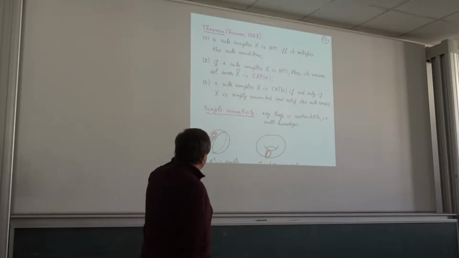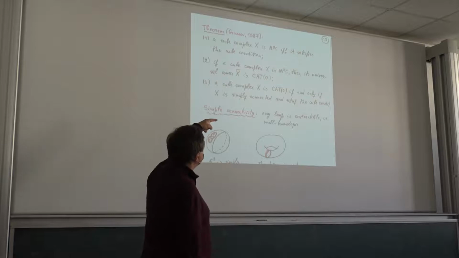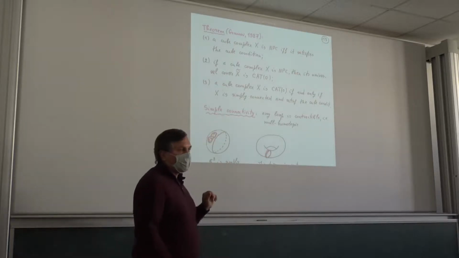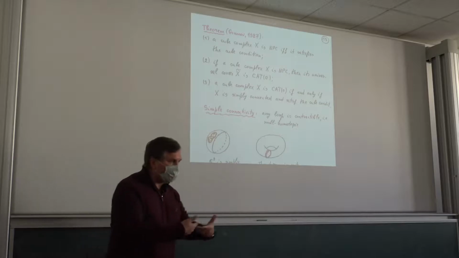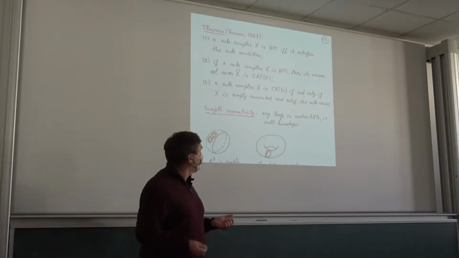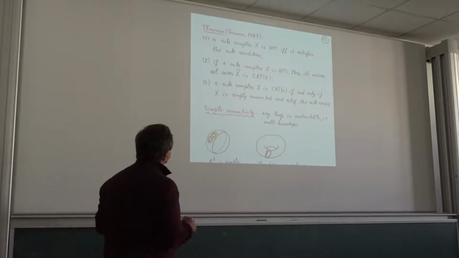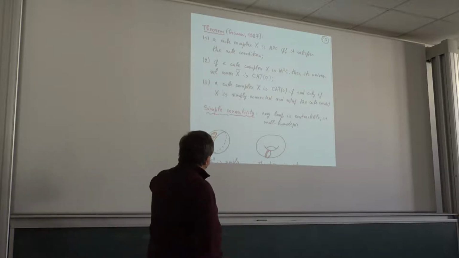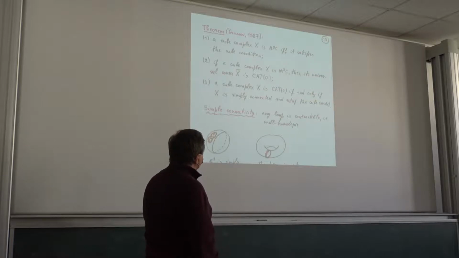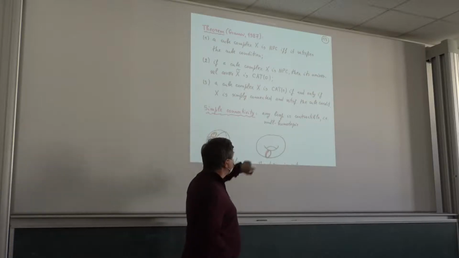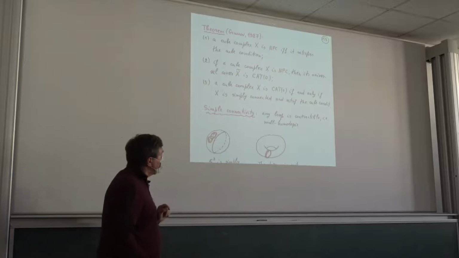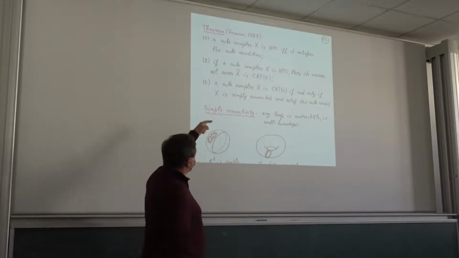And if a cube complex is non-positively curved, then the universal cover of this cube complex is CAT(0). This is a global thing. And the third is that a cube complex is CAT(0) if and only if it is simply connected and satisfies the cube condition. What is simply connected and what is universal cover, I have to explain.